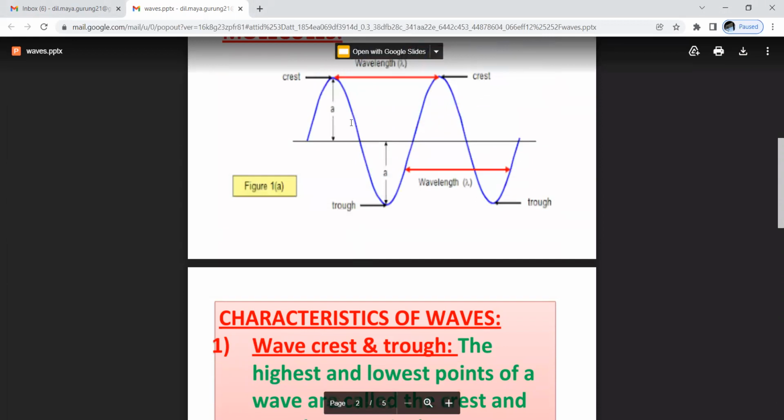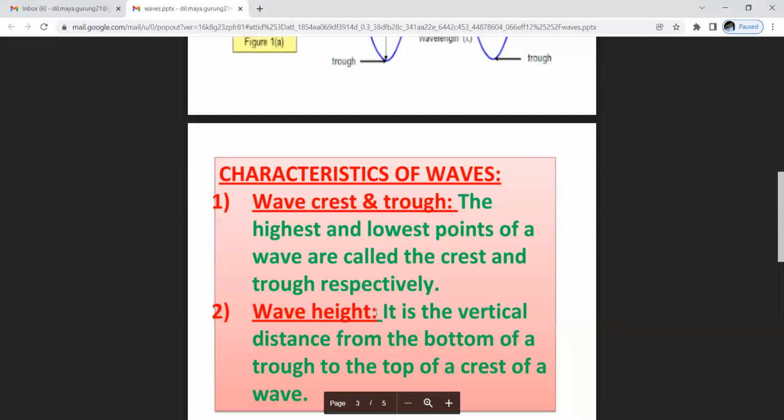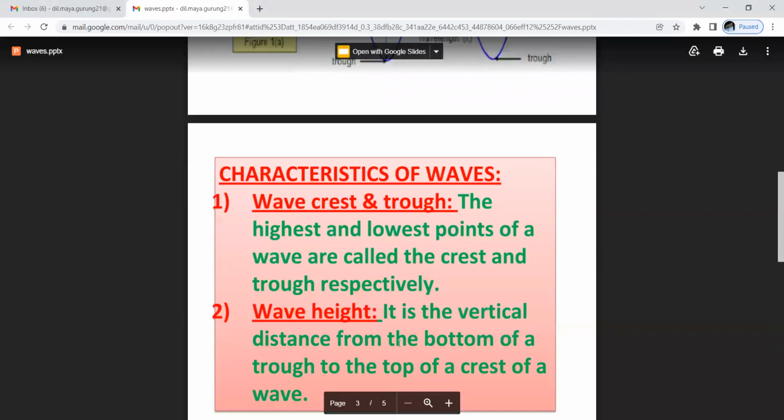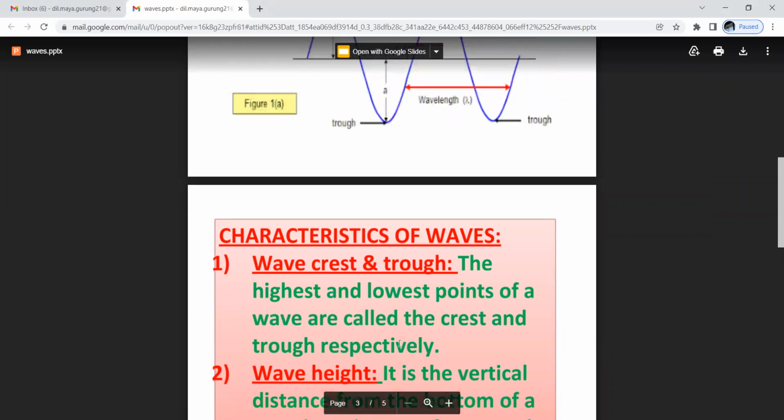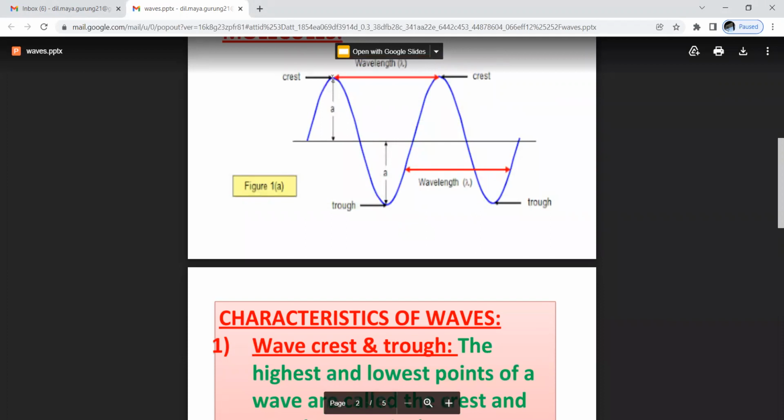See this picture. We were discussing wave height. It is the vertical distance from the bottom of a trough to the top of the crest. So this point to this point, this whole distance is known as your wave height.